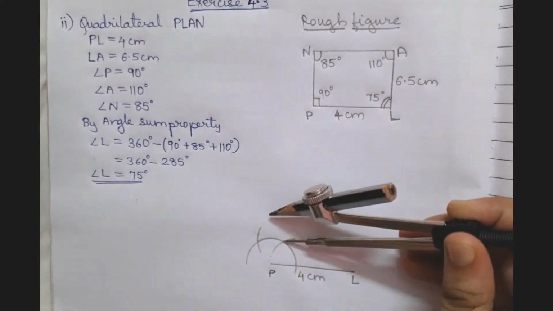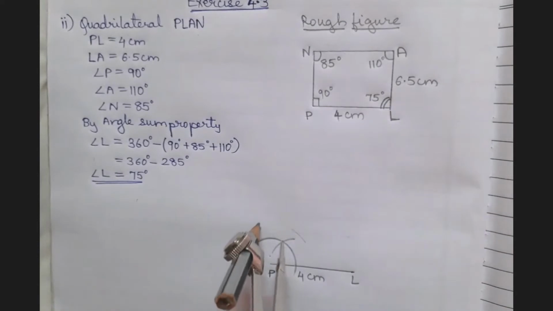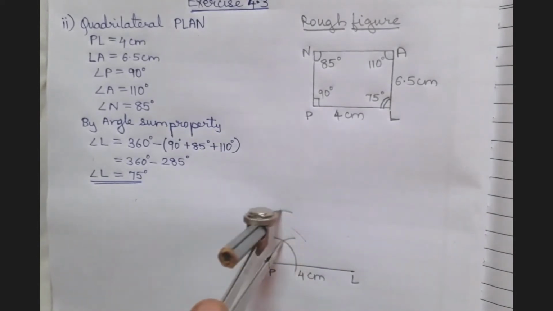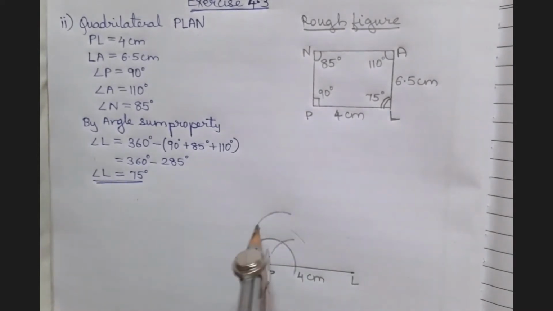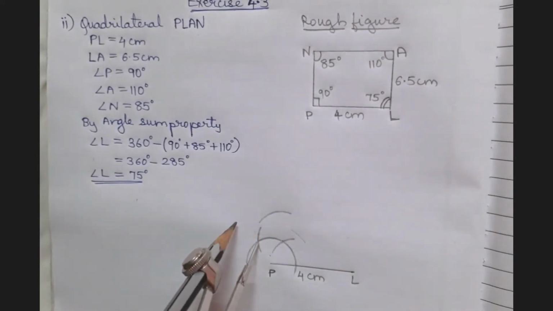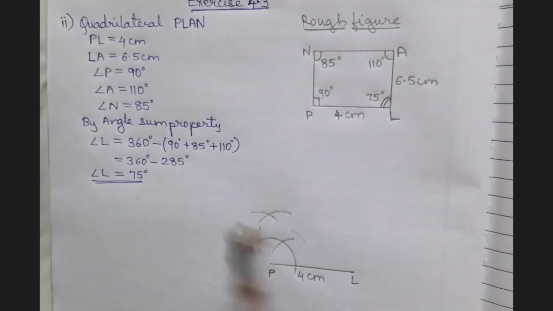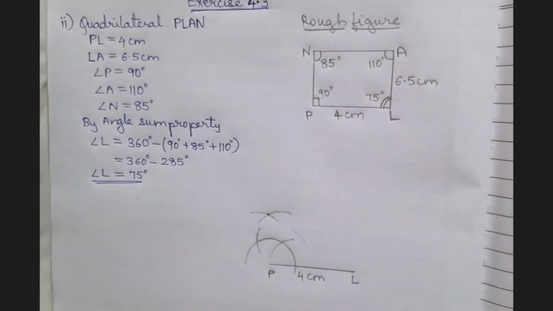So keep your compass pointer on one arc and draw an arc above here. Keeping the same measurement, keep your compass pointer now on the other arc and draw an arc here. So we got a point of intersection.